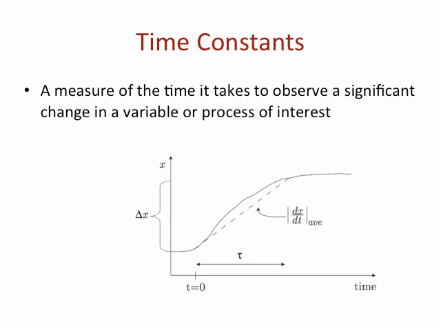The graph or the sketch at the lower half of this slide illustrates this. If we are tracking a variable x that changes by some magnitude indicated by delta x, and if it is changing at some characteristic rate as indicated by the average time derivative, then the ratio of these two quantities will be the characteristic time, or the length on the x-axis that is required to measure the duration of this change.